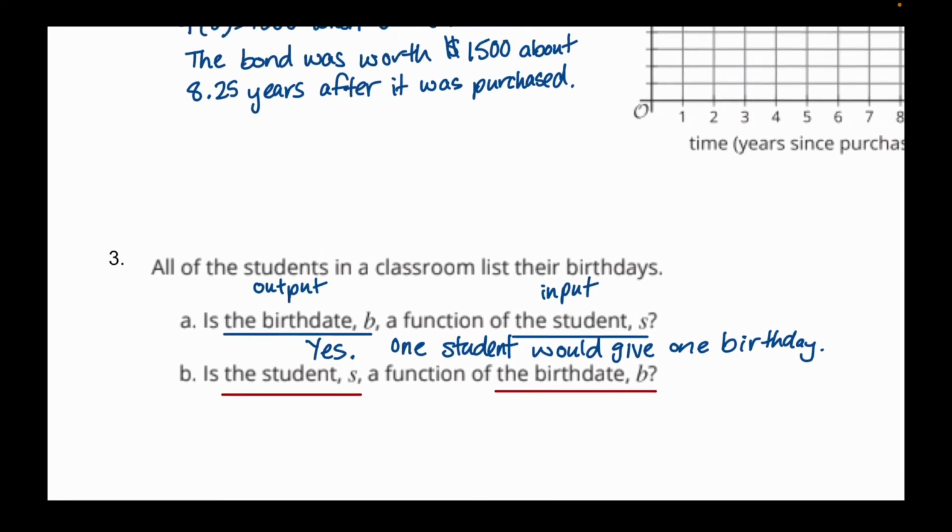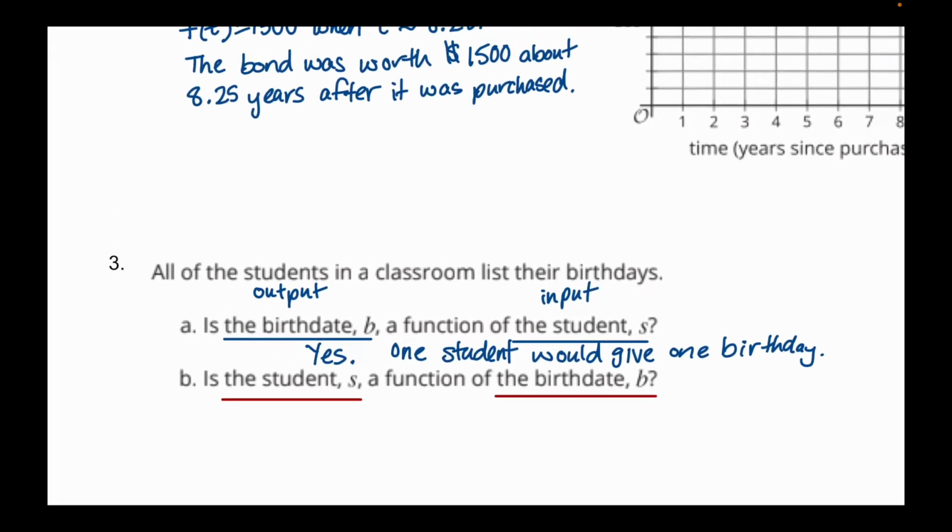So they're asking for output and input here. So that means if I am inputting a birth date, it would output a student's name. And because people can share birthdays, this is not necessarily a function. So we would say no, 2 students can have the same birth date.